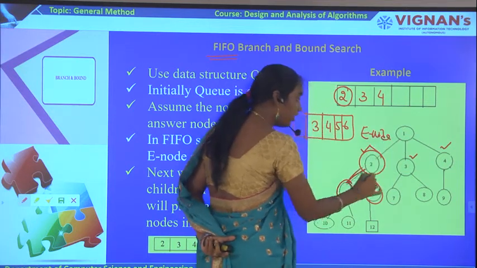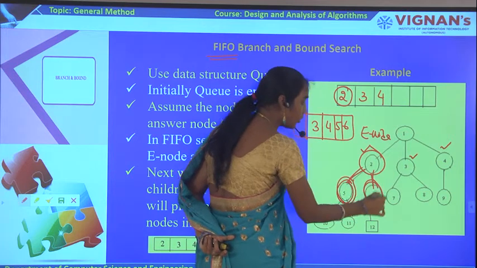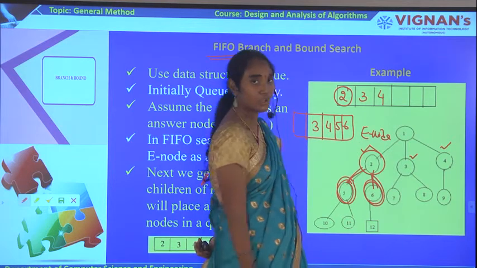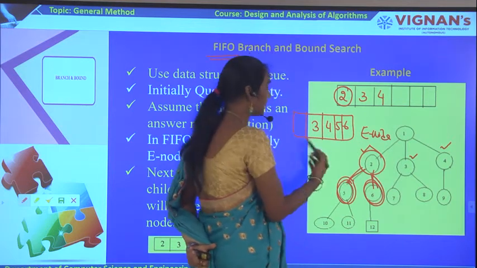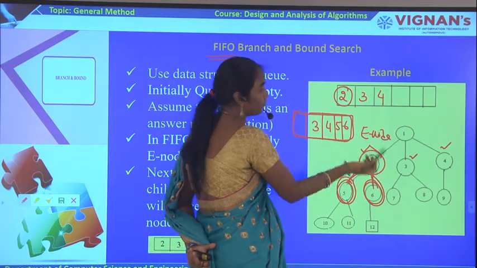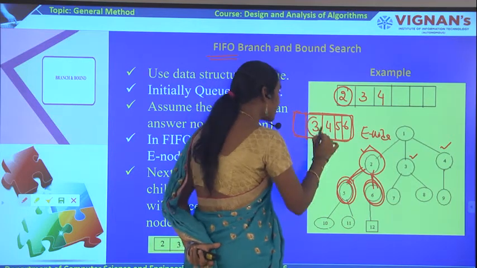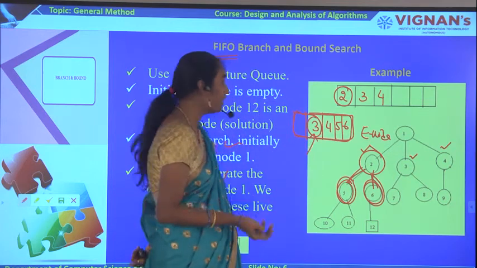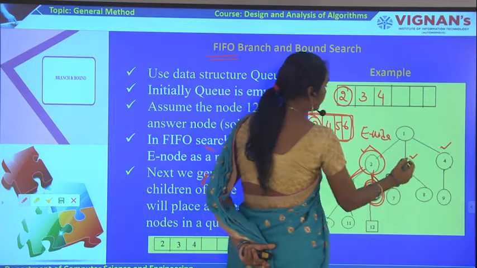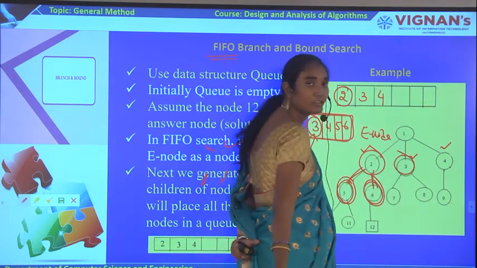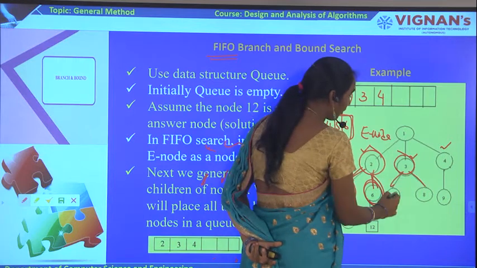For this E node, whatever children it has, I insert them into the queue. So what is the next status of the queue? 3, 4, 5, 6. Now again, what is the next value to be deleted? 3. Now 3 is deleted, and it has the children 7 and 8.